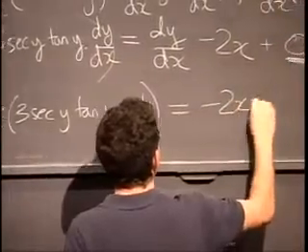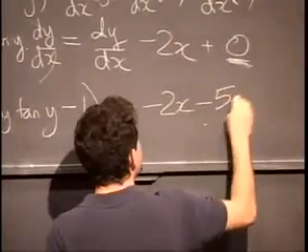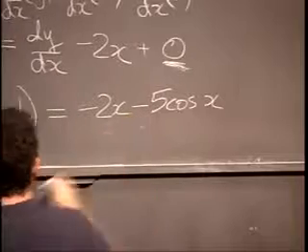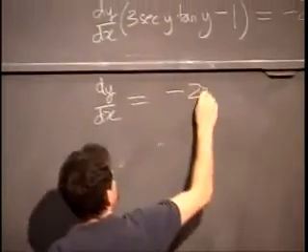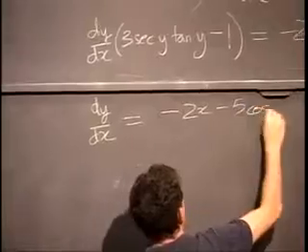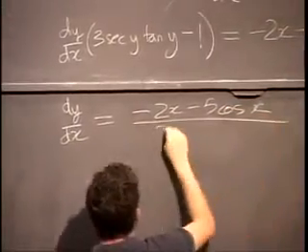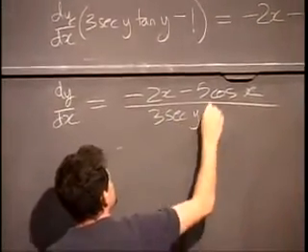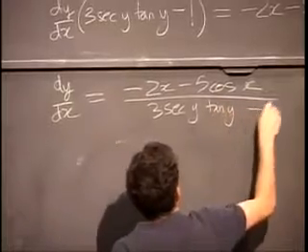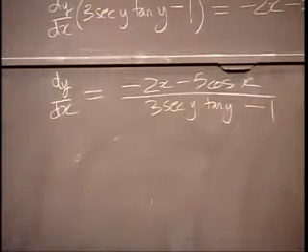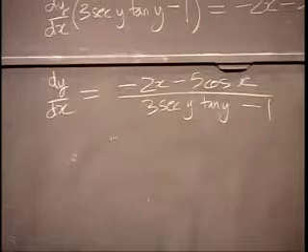I get minus 2x minus 5 cosine x. And so I could actually just divide by this quantity in the parentheses and get a nice expression for dy/dx: minus 2x minus 5 cosine x all over 3 secant y tan y minus 1, unless I made a mistake. Okay, so that's the general formula for dy/dx.